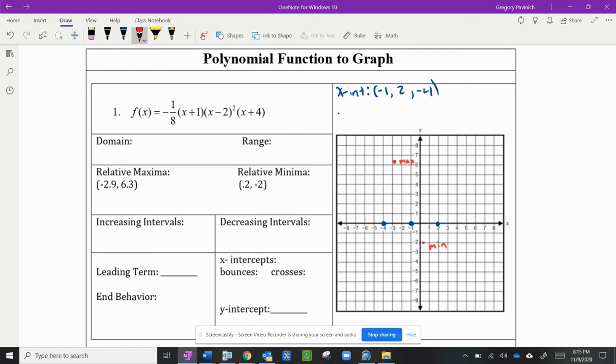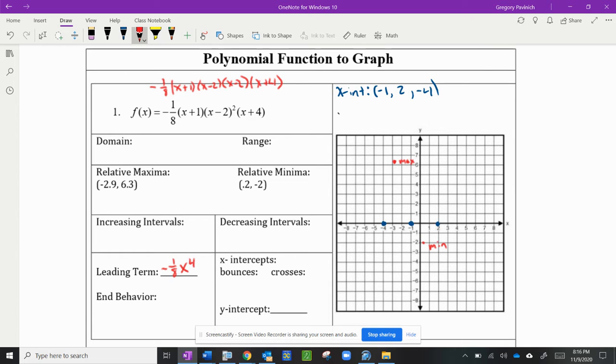The next thing you might want to do is write this out in expanded form. I know I have 1, 2, 3, 4 factors, so this is a fourth degree. It's negative, so my leading term is going to be -1/8 x to the fourth.